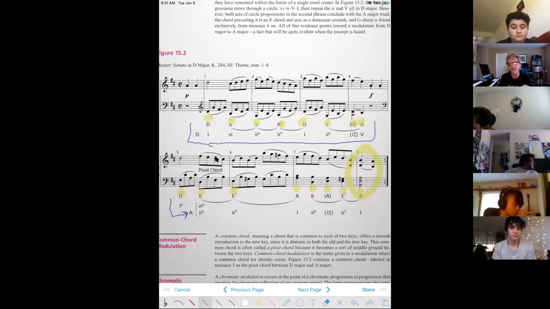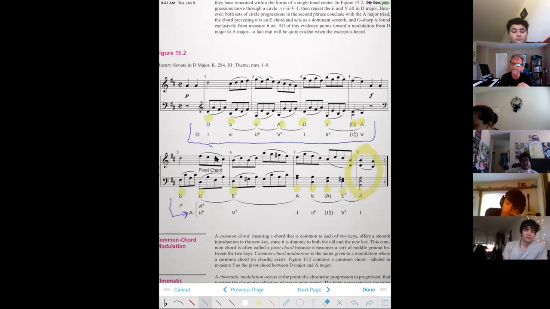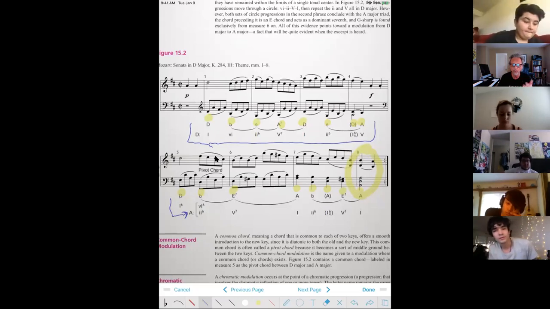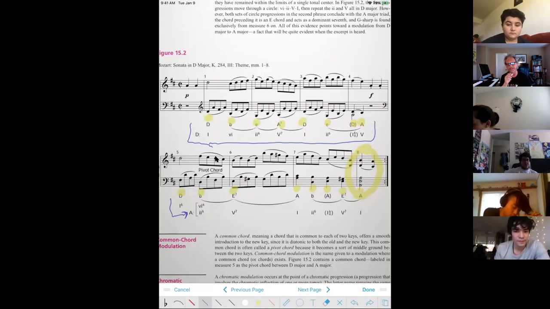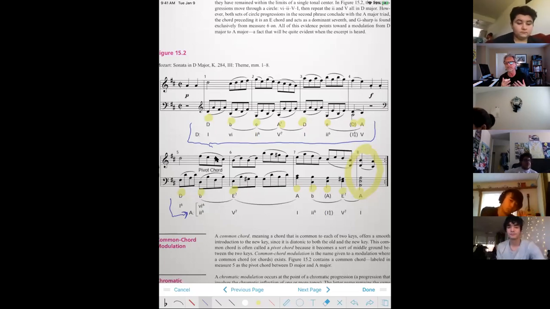So I'm going to say it's at the point when the accidentals occur that aren't in my key. So what measure do I start to see G sharps? Measure 6. Measure 6, right? Yes. Okay. So then I'm going to say that to me is a signal of an actual modulation.